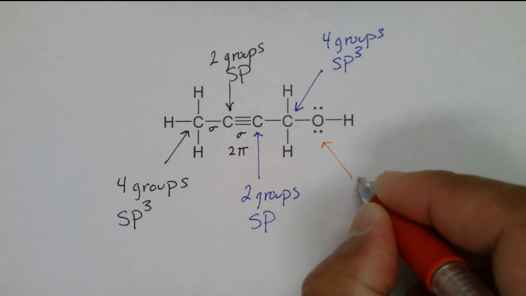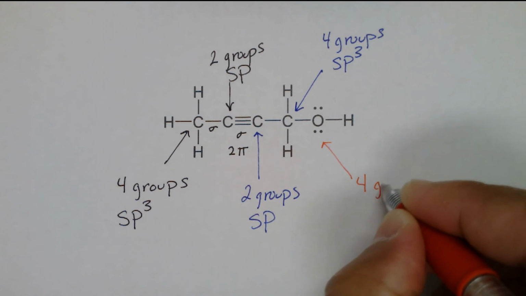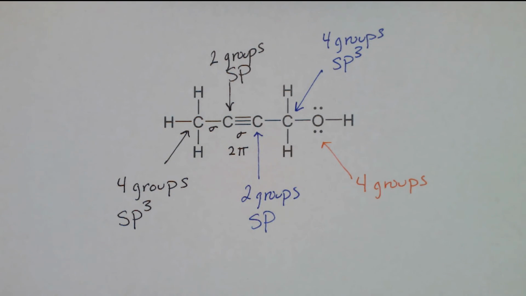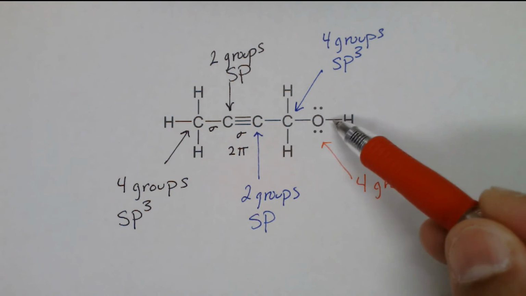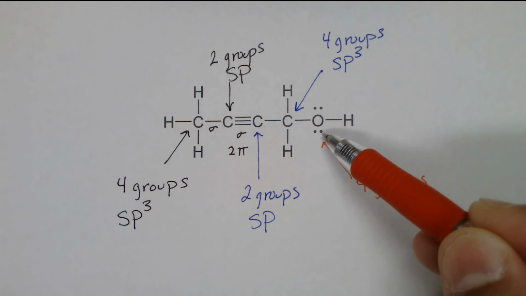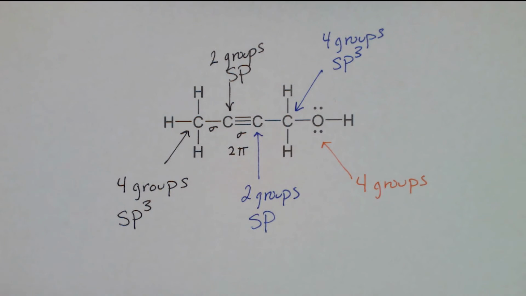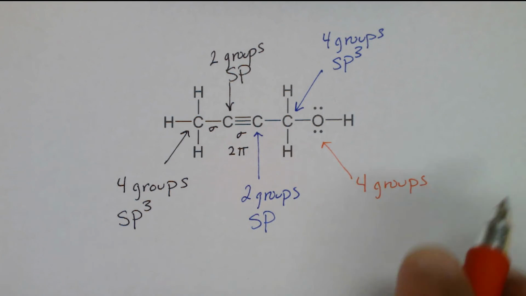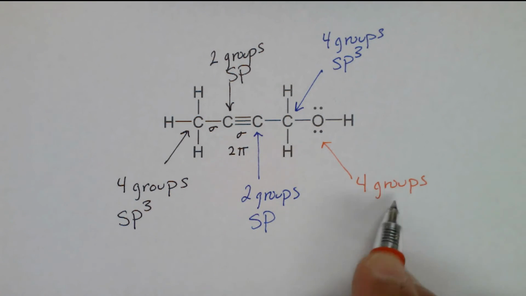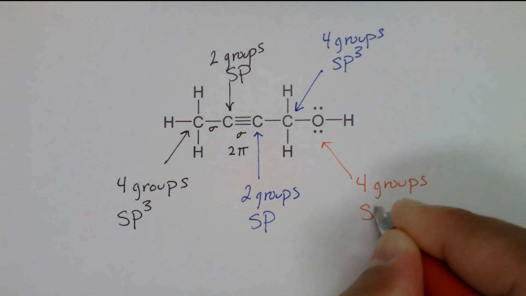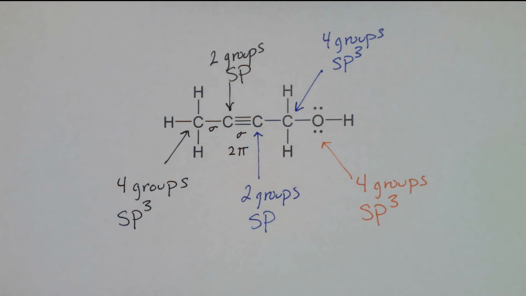So interesting here, we have 4 groups. The 4 groups are 2 sigma bonds and 2 lone pairs. For these other carbon atoms, the 4 groups were 4 sigma bonds. So a little bit different, but still 4 groups. So this oxygen is sp3 hybridized.